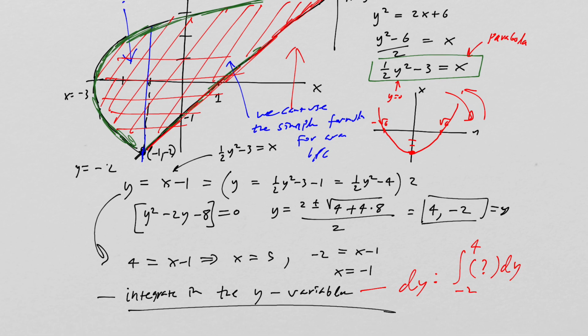I'm going to go to the next page now. And recall then, of course, that we really have y is equal to the square root of 2x plus 6. And then we also have the function y is equal to x minus 1. But now we need to think about essentially flipping this thing over, right?